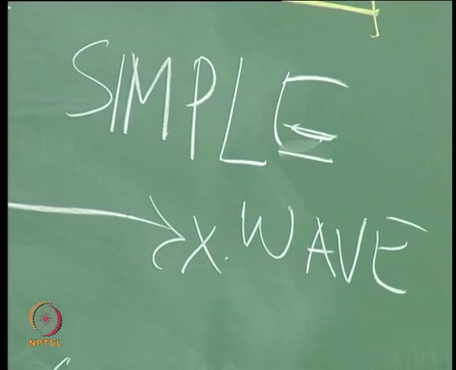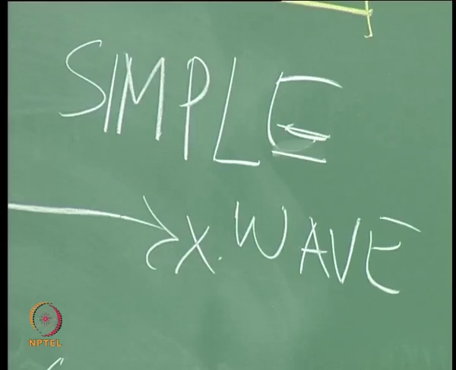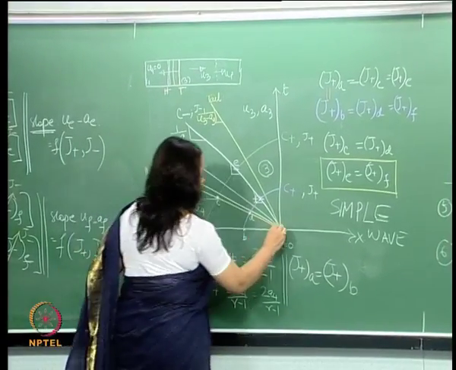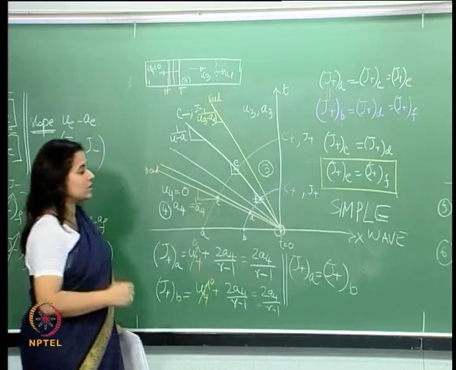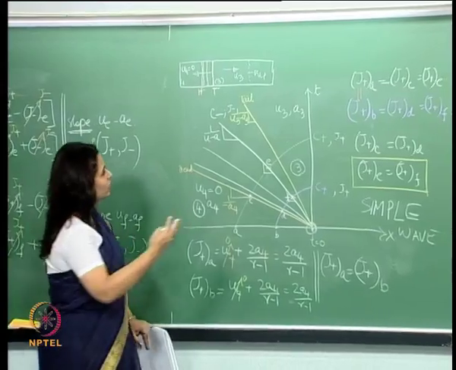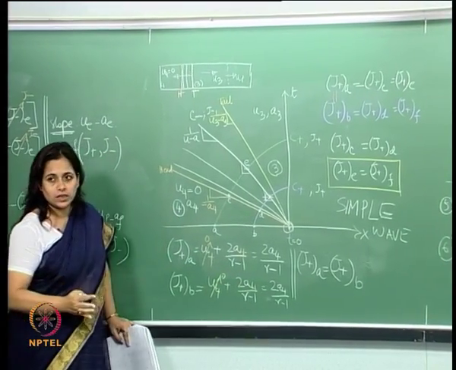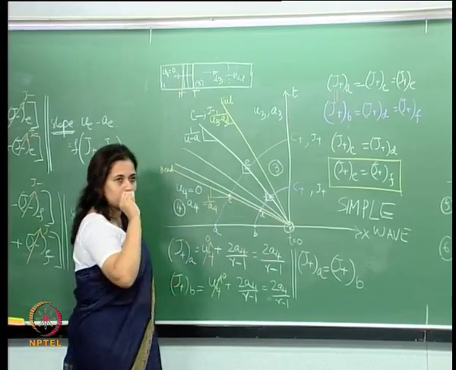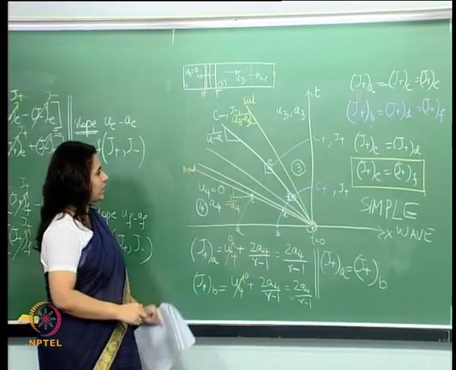It is also called a centered wave, because it is moving into quiescent flow, as a result of which all the characteristics are straight lines, and also it is a centered wave because the waves are generated at a single point and then they move away from there.